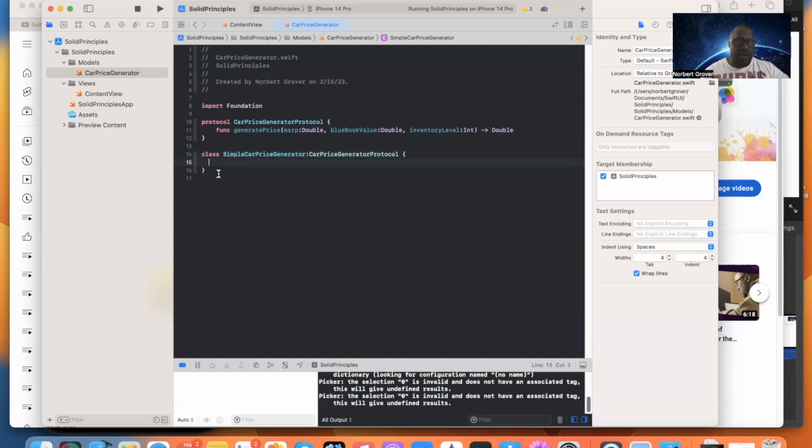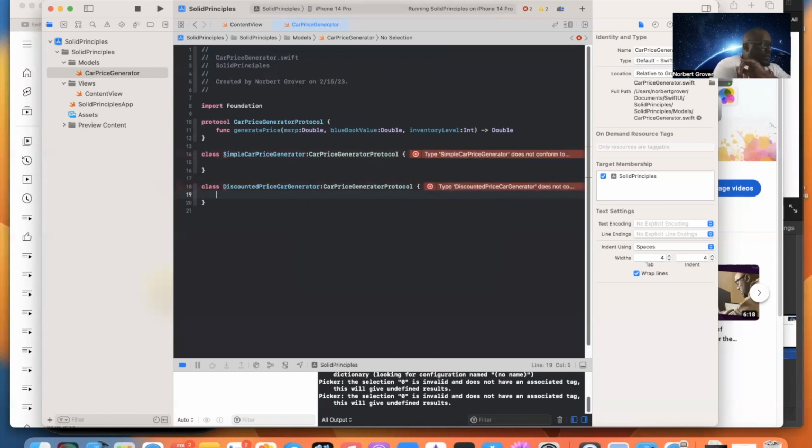We have another one called class discounted price generator, which also adheres to the car price generator protocol.